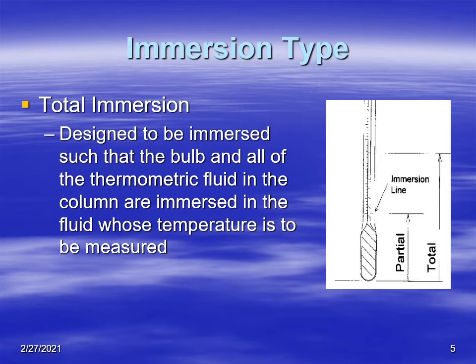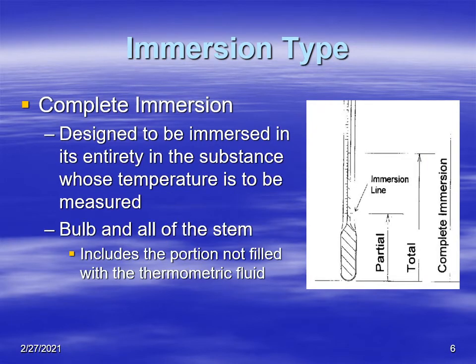A total immersion thermometer is one where you put the bulb and also the thermometric fluid, in other words, either the alcohol or the mercury that's coming up through the stem. Put that into the fluid that you're trying to measure. Once again, not something that we use in atmospheric sciences.